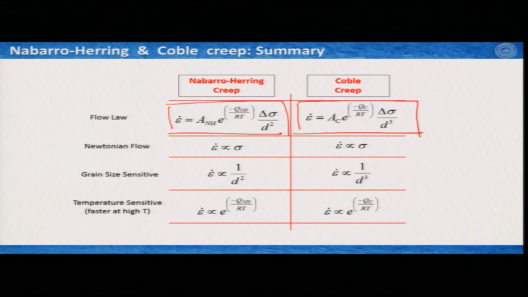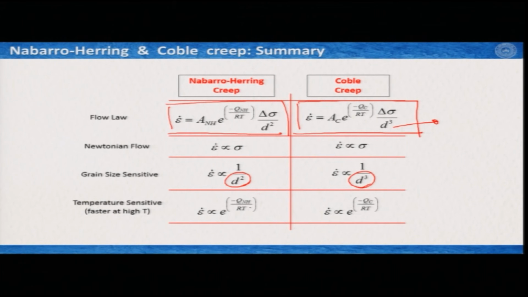In Nabarro-Herring creep it is squared, and in Coble creep it is cubed. Here in these equations, d is the grain size. In the previous slides, g was assigned as grain size, but in these slides I have defined it as d. I should correct it, but now you know that d means grain size here.